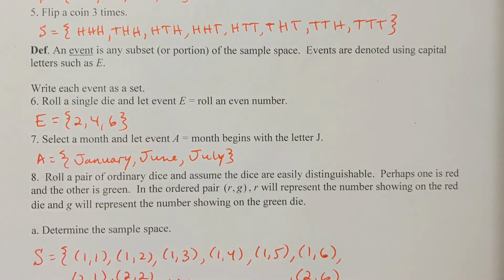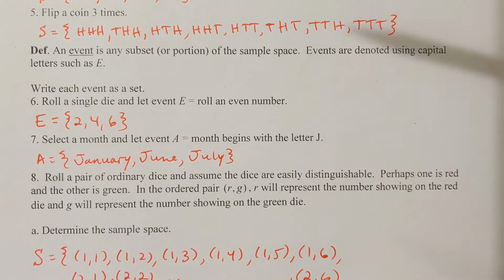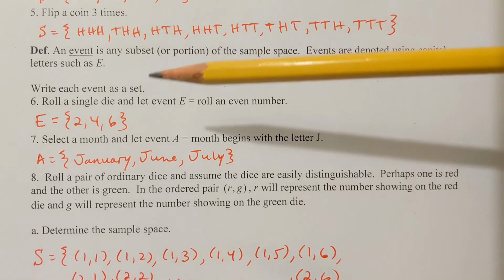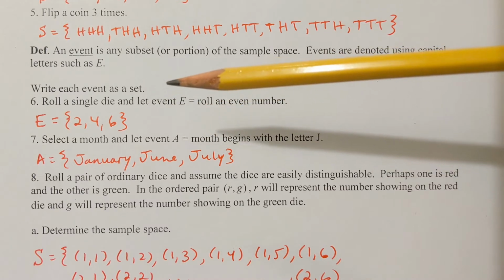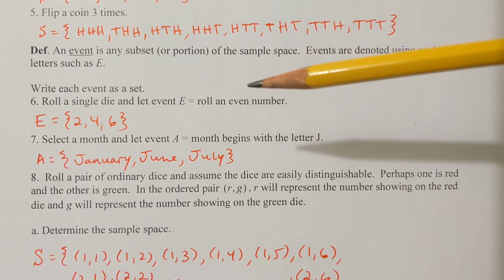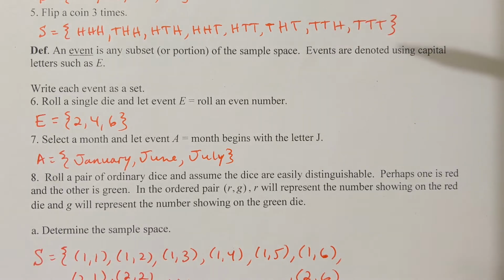An event is any subset or portion of the sample space. Events are denoted using capital letters such as E. Okay, so write an event as a set. What if you roll a single die and let E be the event that you roll an even number?